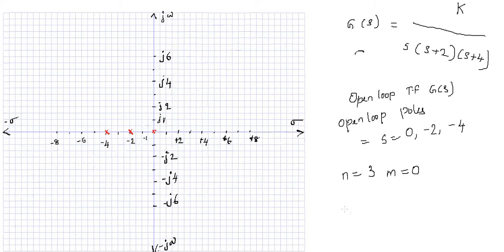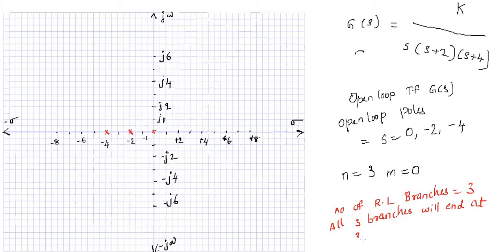That means the number of root locus branches is equal to 3, and since there are no finite zeros, all 3 branches will end at zeros at infinity.